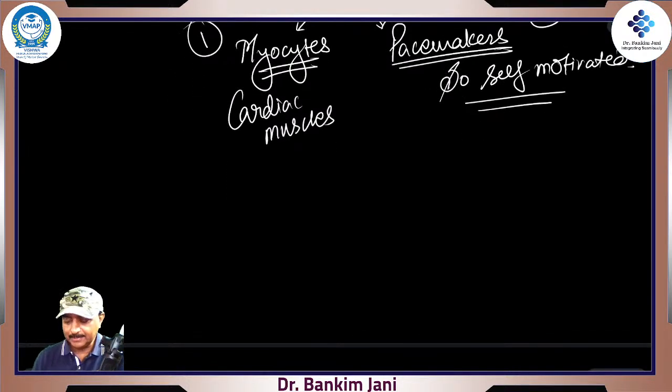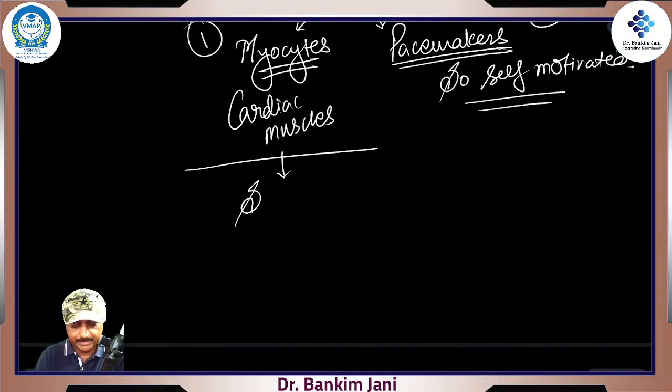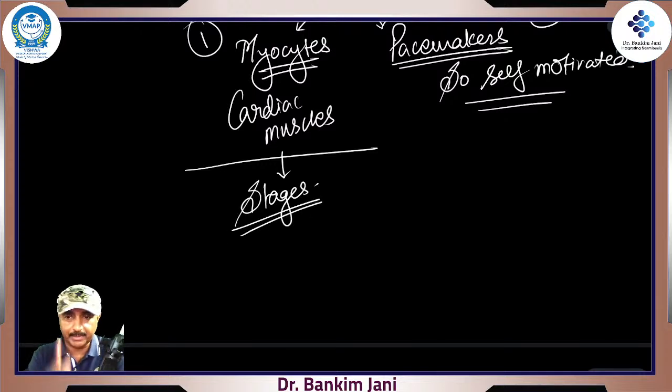In the case of myocytes, we'll be watching various stages, and these stages are pretty different from what occurred in the neuron. In the neuron, things were pretty simple. Over here, there will be so many new things, so it's like a complete process.